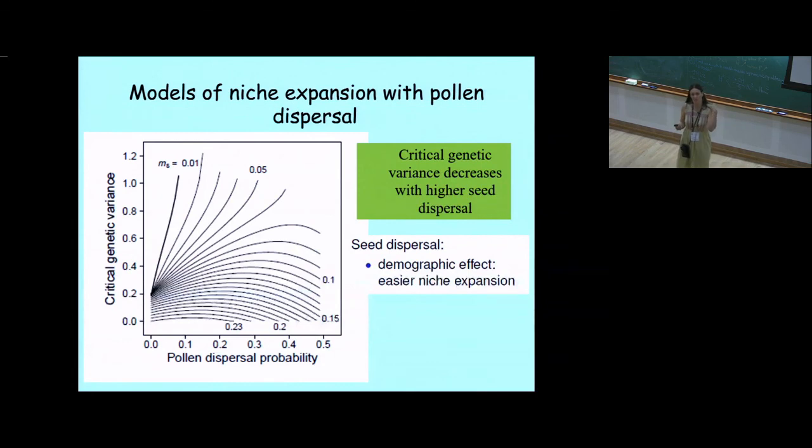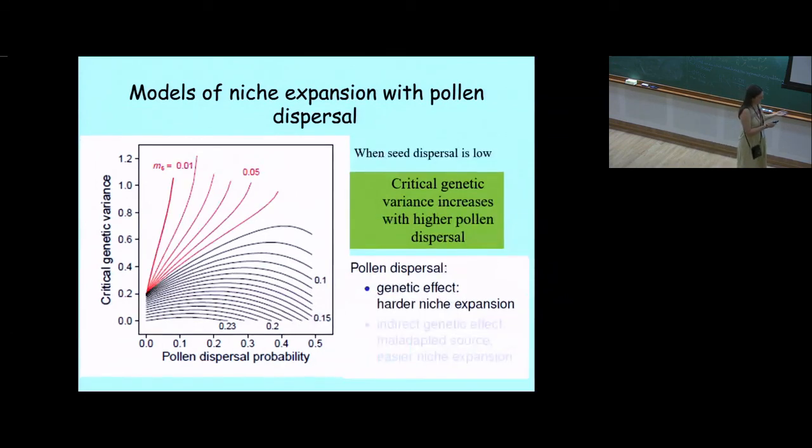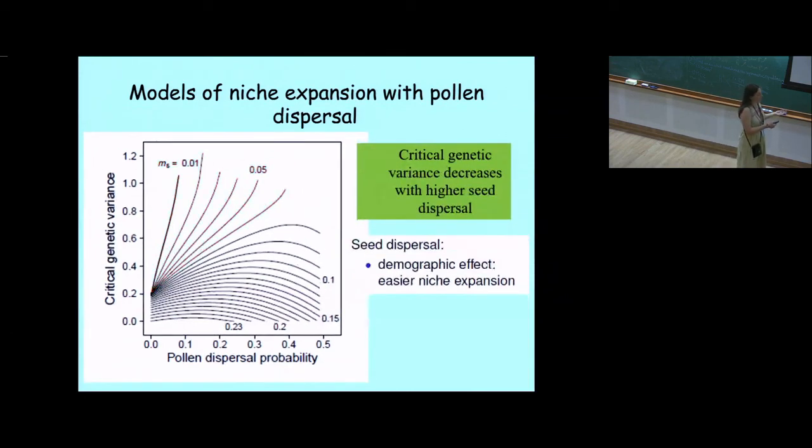At the same time, it's also introducing genes that were selected in the ancestral habitat into this new habitat, so probably it's also preventing adaptation to this new habitat. But the net effect is still that if you increase the dispersal, this demographic effect of adding more individuals to this new environment is making niche expansion easier.